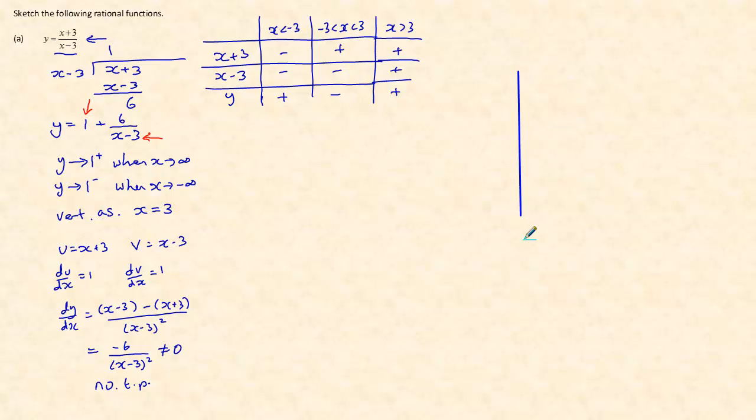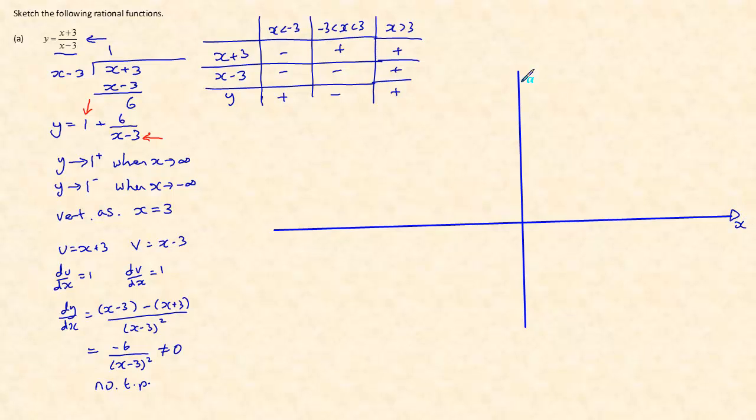So let's have a go at the actual sketch. So x-axis along here, y-axis up here. We have a vertical asymptote when x is 3, so let's put that on here. So this one is x equals 3. One thing we didn't do was the intercepts. So y equals 0 means that x is equal to negative 3.